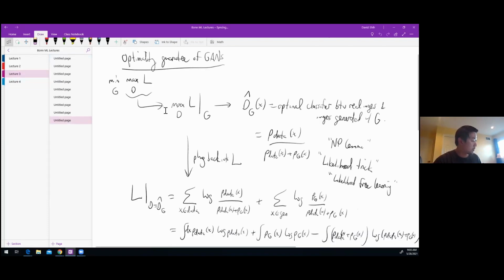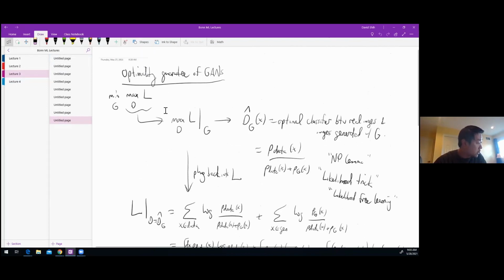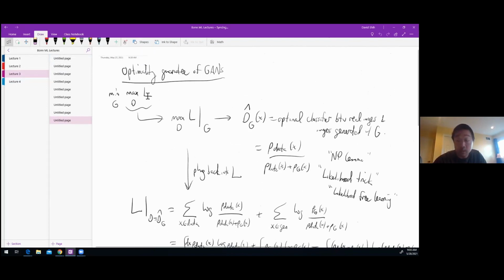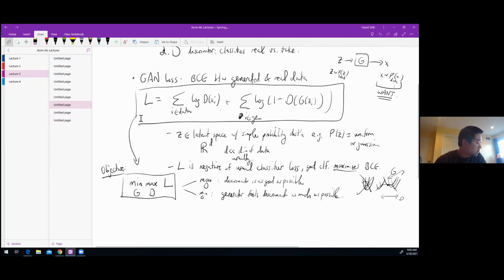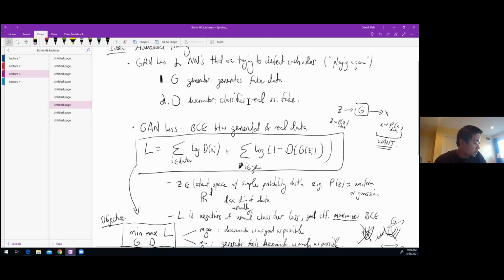So last time, yesterday, we finished by talking about why GANs work. First we defined what the GAN is. It's this adversarial setup where you have two neural networks that are competing against each other, trying to defeat each other. And what that means mathematically is they're trying to achieve a saddle point extremum of the loss.